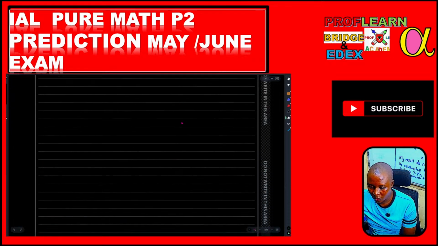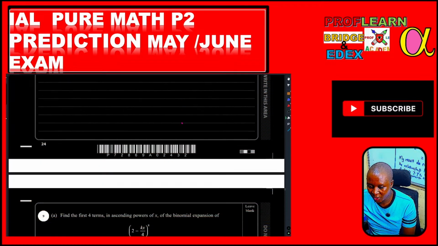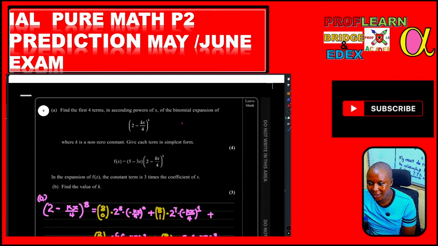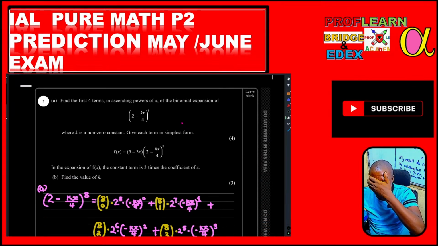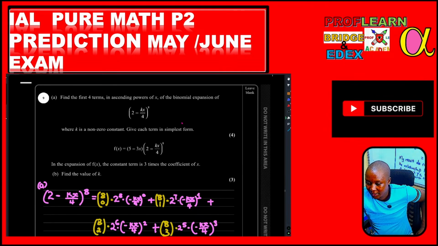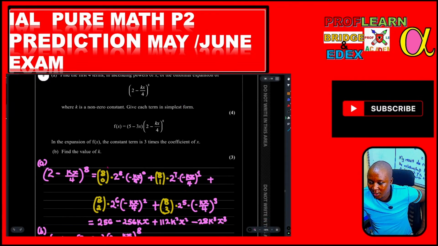Moving to question number 8. That's another concept that is very likely to be tested: binomial expansion. How do you expand this kind? We say this is the first term and this is the second term.